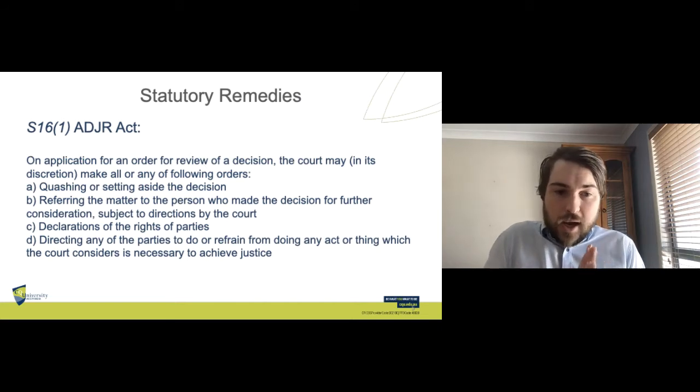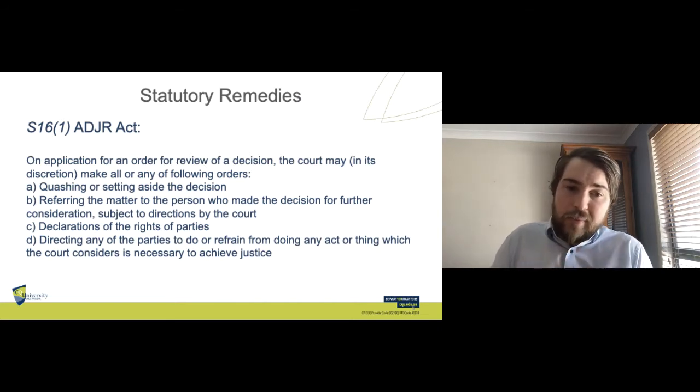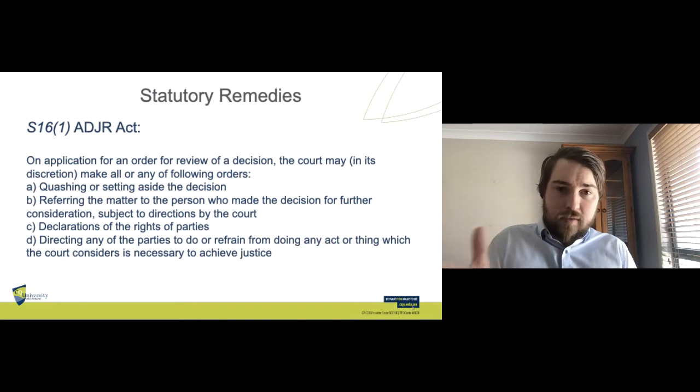So, under 16(1)(b), referring the matter to the person who made the decision, so, sending it back to them to remake, the court can't tell the decision maker how to remake that decision.